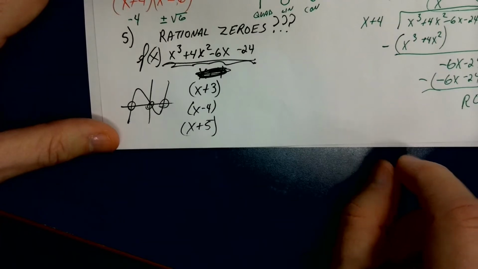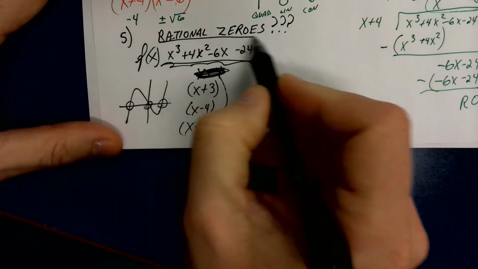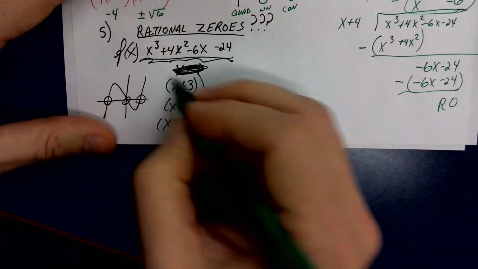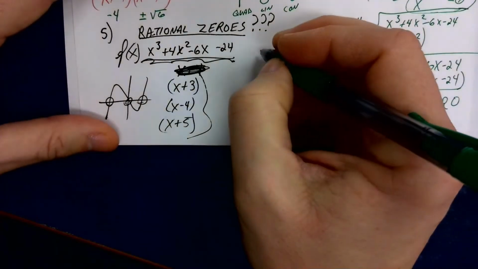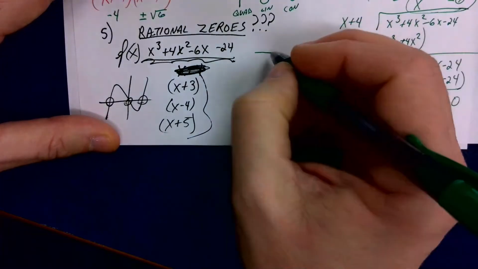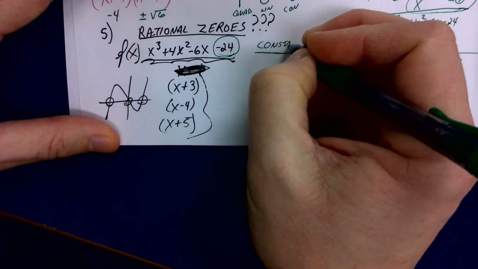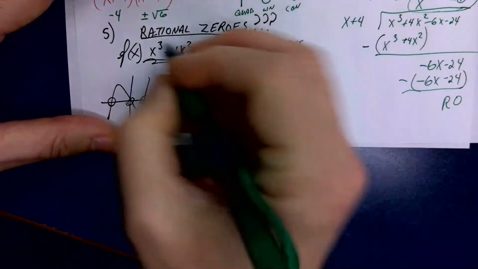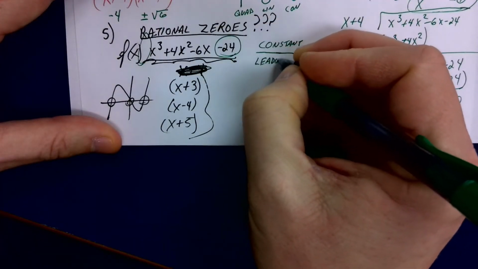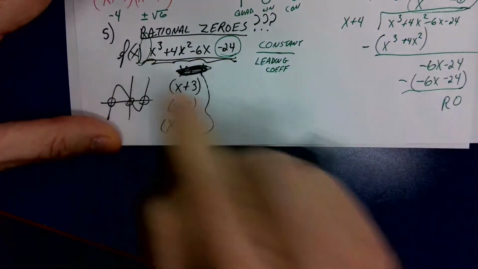Well, you don't have to just randomly guess. There's a rule. The rational zeros theorem says that if there are going to be factors of this thing, they must be in this ratio: any factors of the constant, divided by any factors of the leading coefficient, the highest degree one.